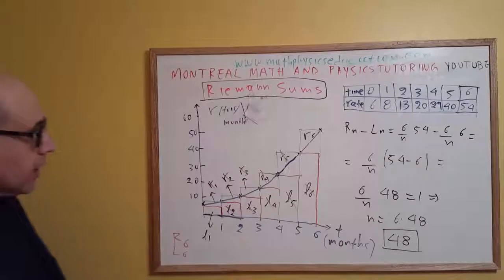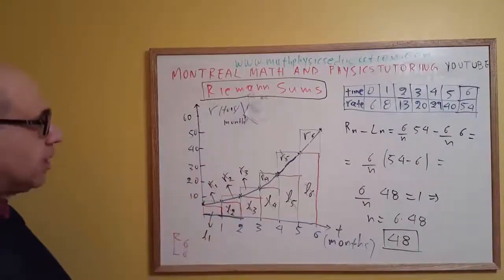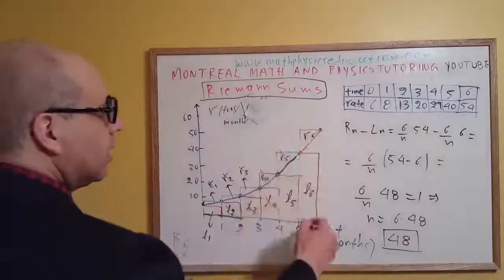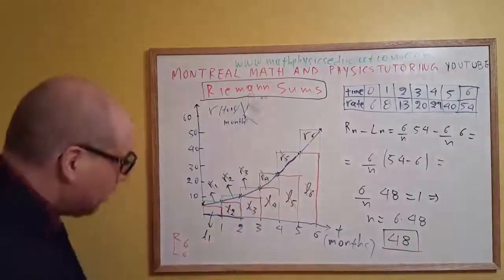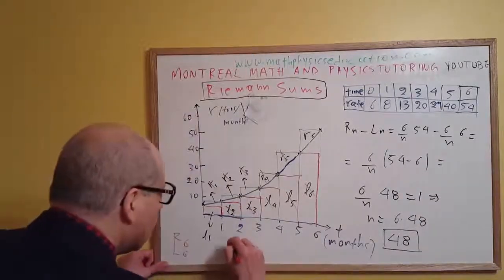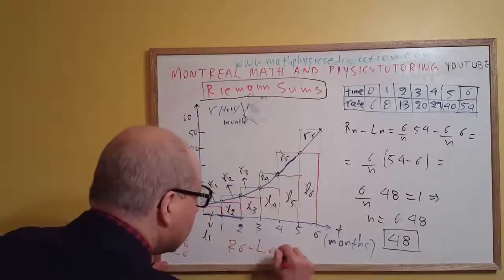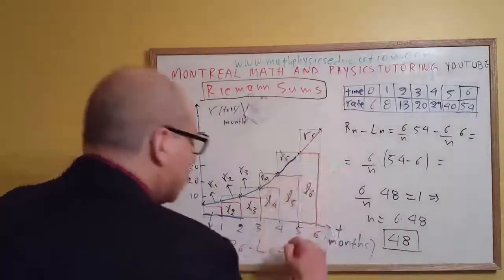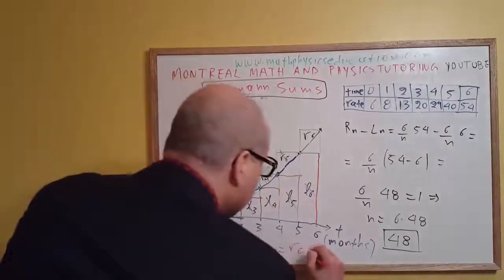So the only ones that will remain when you take this difference are these: R6 minus L6 will be equal to lower R6 minus L1.